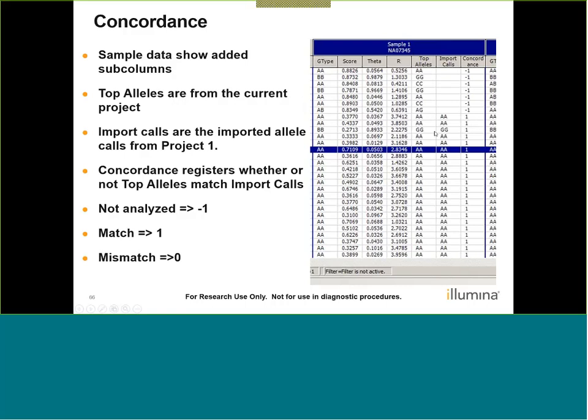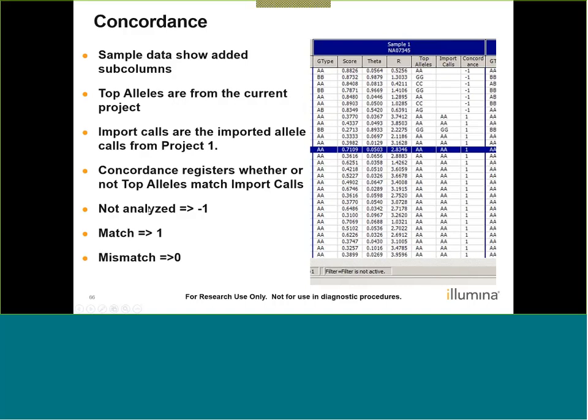So this is another difference between adding a replicate sample and adding a concordance. In replicate samples, you're actually including an additional sample in the project, whereas with concordance, you're importing genotypes into an existing sample in the project. So you can see here, essentially you're comparing what you've imported to what the project has called. And if they are concordant, if they match, then the value in the concordance will be 1.